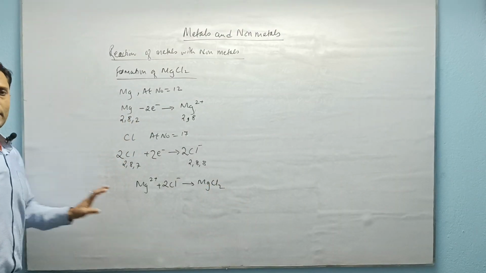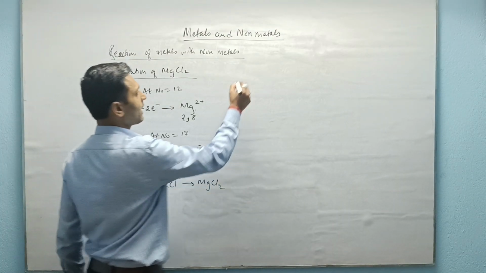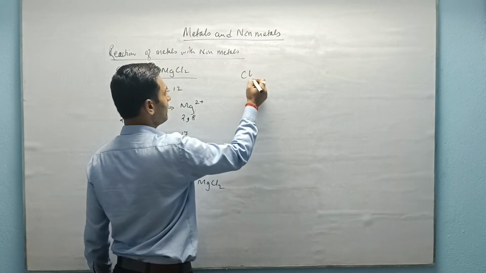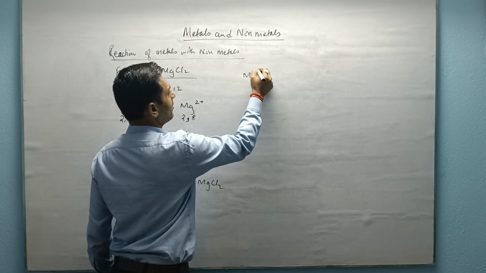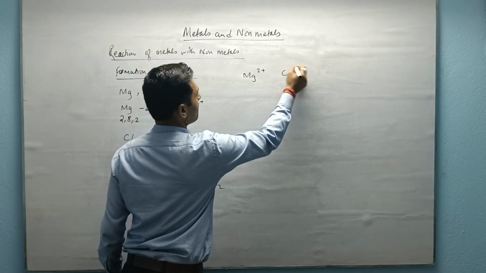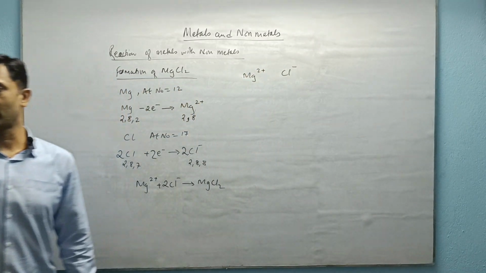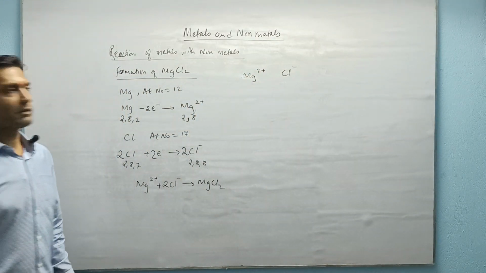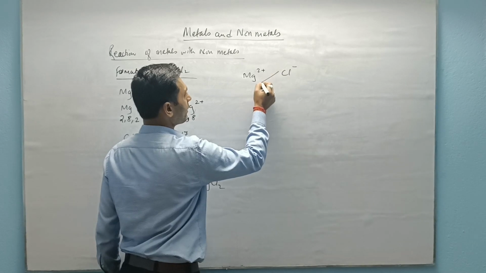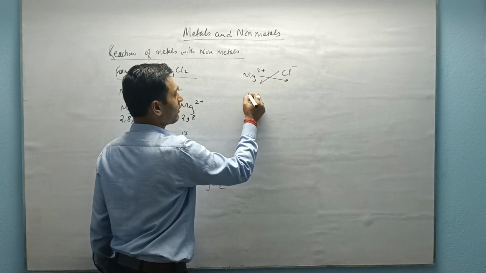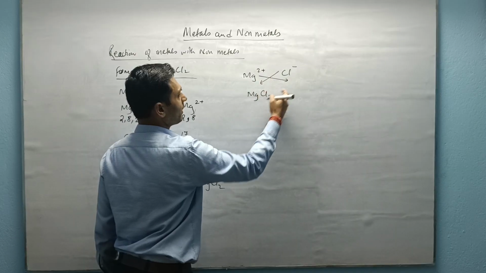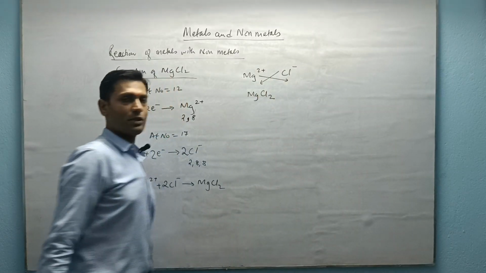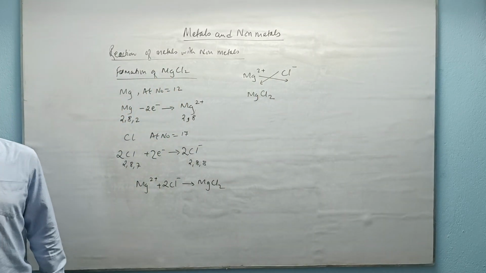MgCl2. In simple language, what we have done in class 9 is magnesium is 2 plus and chlorine is 1 minus, so we crisscross this. What will form? Mg and Cl2. This 2 will come here with chlorine. So it becomes MgCl2. Okay.